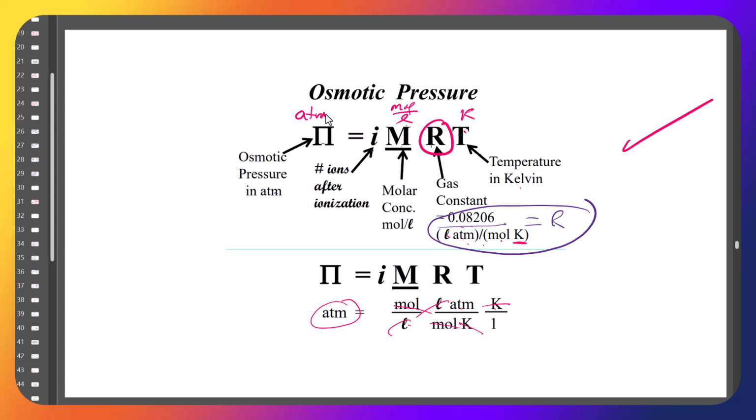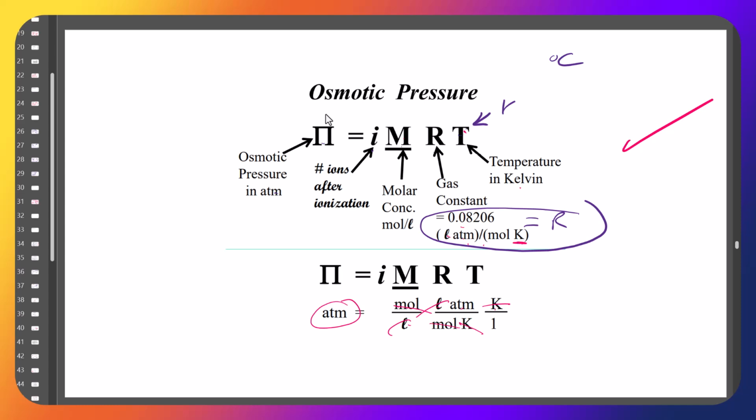Some students have trouble remembering what units to use. Some students will use degrees Celsius instead of Kelvin for the temperature. To help you understand what units you need to use for each of the variables in this equation, all you really need to do is look at the units that I've given you for R on the test. If you look at the units for R, it's per Kelvin, so that forces the temperature to be in Kelvin. So T in Kelvin is equal to degrees Celsius plus 273. That's a fact you should know.